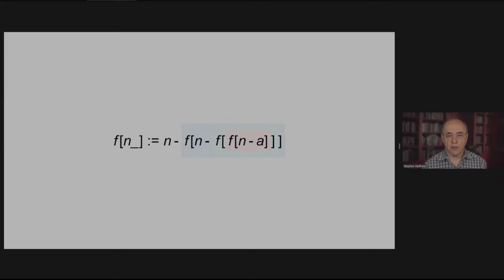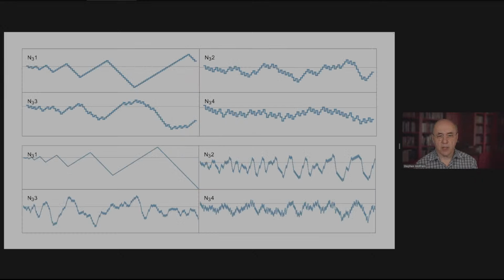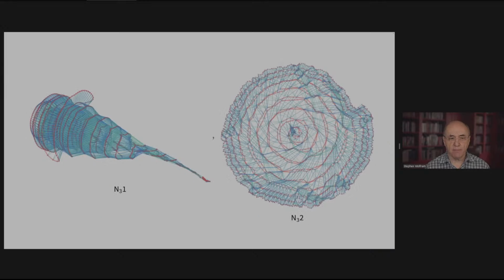That's the form of those functions, where the second term is a doubly nested form. Subtracting a constant 1 over phi, 1 over golden ratio slope, we get this kind of behavior here. Again, the evaluation graph for n sub 3 1 is complicated, but it has some definite structure, even if it looks a bit like a fish in this particular rendering.